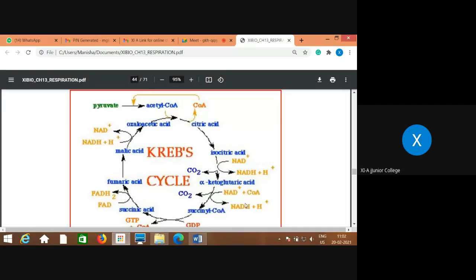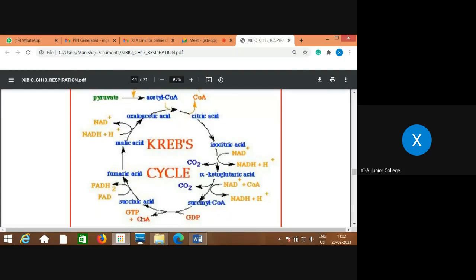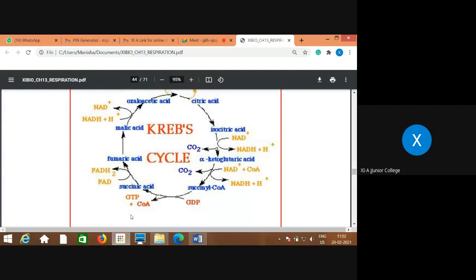At the same time, when this coenzyme is released here, it again joins here to form succinyl coenzyme A. At this step, when succinyl coenzyme A gets converted into succinic acid, a phosphorylation reaction takes place, where GDP gets phosphorylated to GTP, and GTP immediately gets converted into ATP.